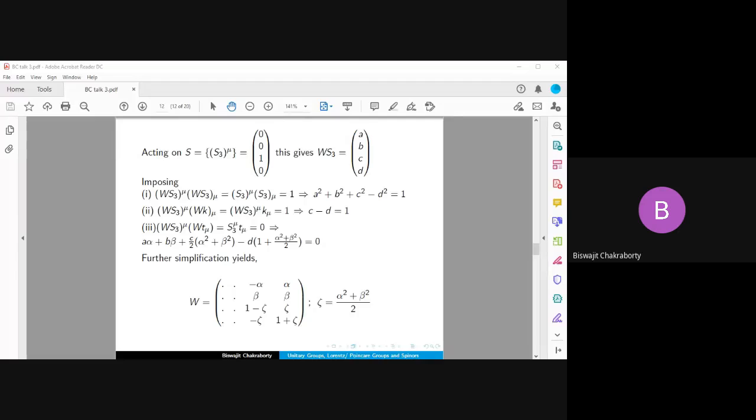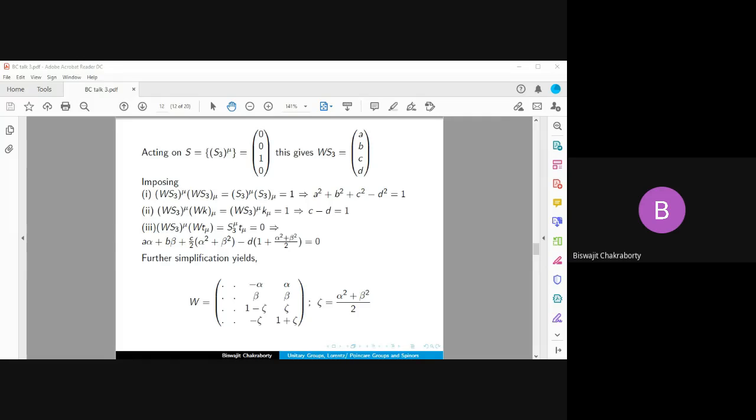Further simplification will result in these things. You will find that you are determining A to be minus alpha, B to be minus beta, and C to be 1 minus zeta, and D to be minus zeta. So all the entries of this column are now determined in terms of the entries of the time column. Okay, where zeta is equal to alpha square plus beta square by 2, as I mentioned earlier.